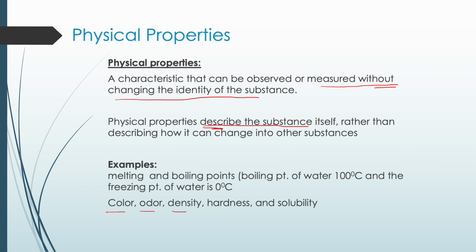On the Mohs hardness scale, it has a value of 8. A substance is able to dissolve in water, meaning it has a solubility. Those are physical properties. We can describe them without changing the identity.